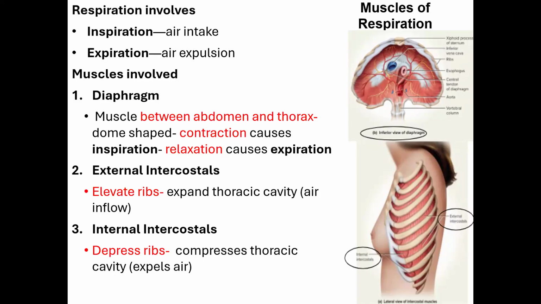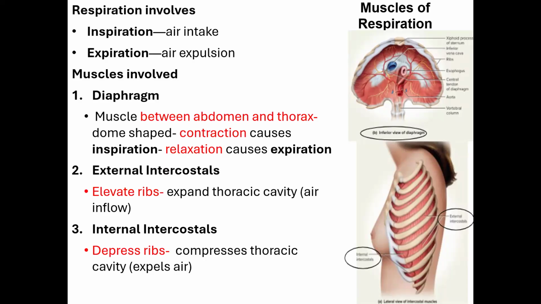So intercostal means between the ribs. So these are the muscles here between the ribs. So there are external intercostals, which pull or elevate the ribs, and the internal intercostals, which lower the ribs.